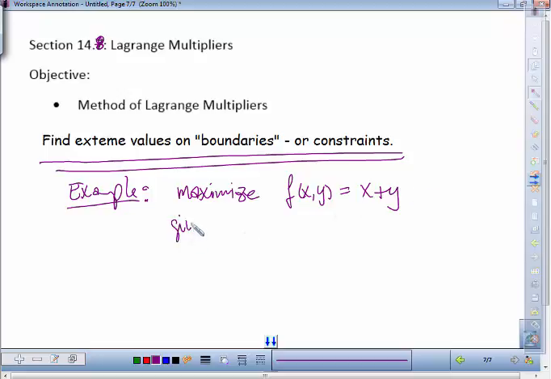Given a constraint x squared plus y squared equals 1. So what you have to do is you have to be given a function that you're maximizing, and a constraint is a relationship between the two variables in the domain that's going to say that your function has to be within this constraint.